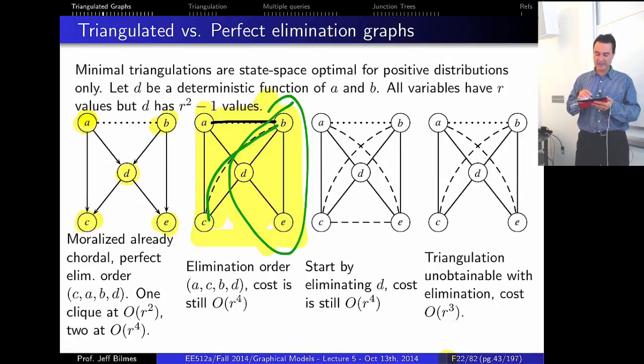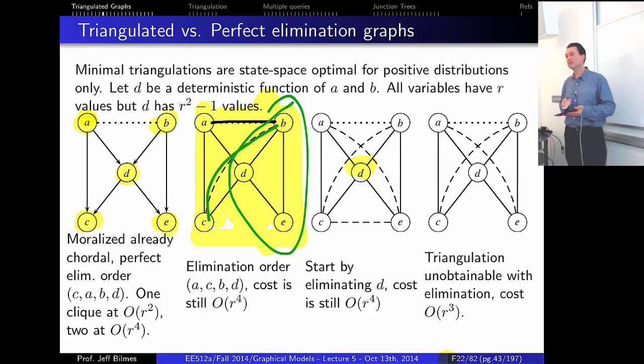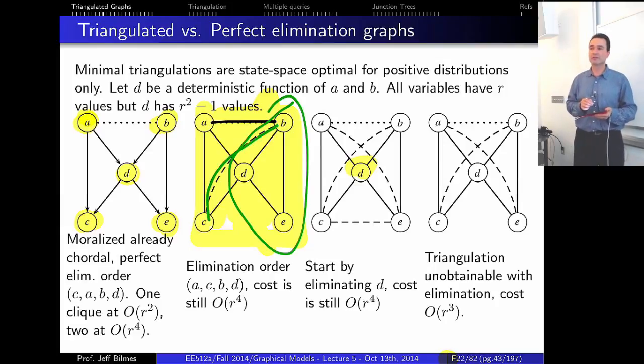If we start by eliminating D here, we're also going to have a cost of R to the 4th, meaning that the number of terms in the sum is going to be R to the 4th.